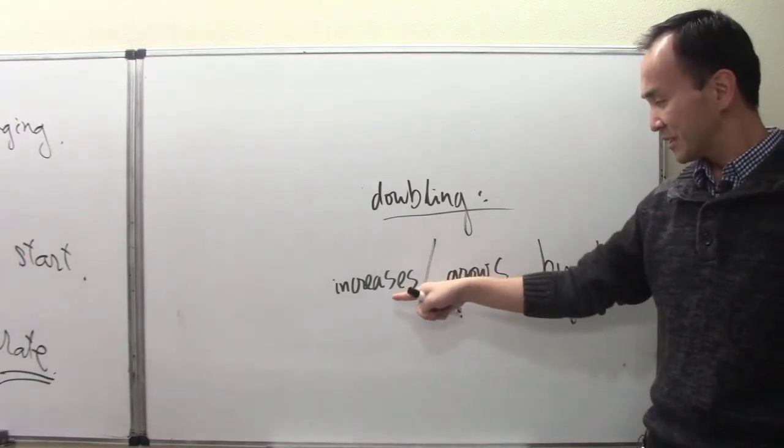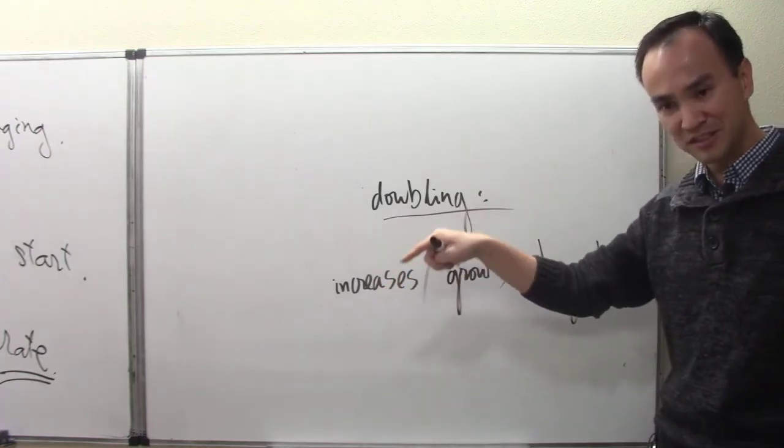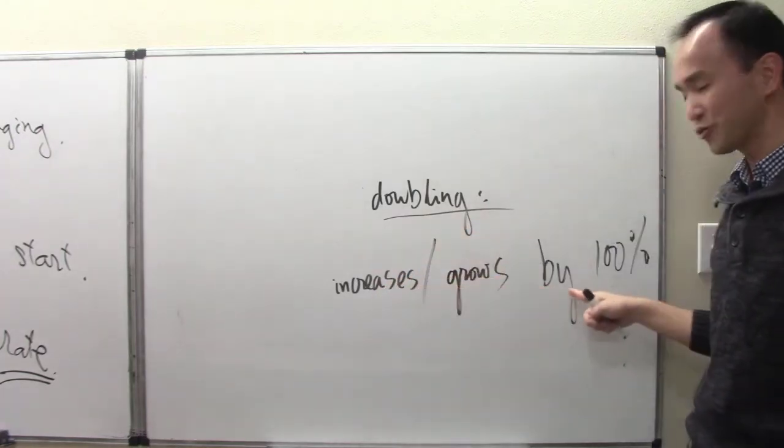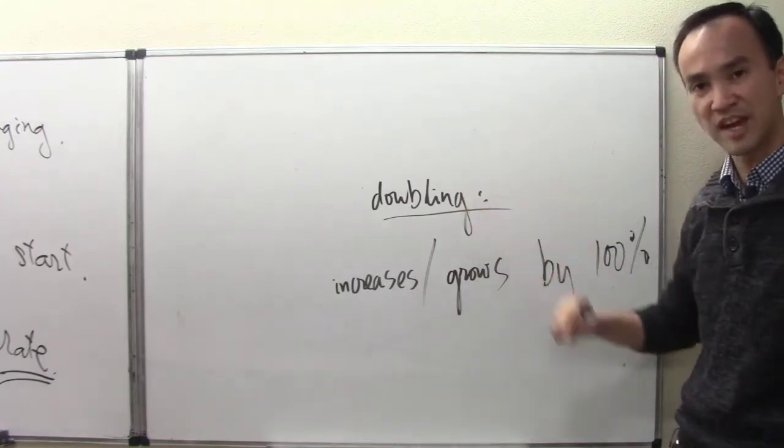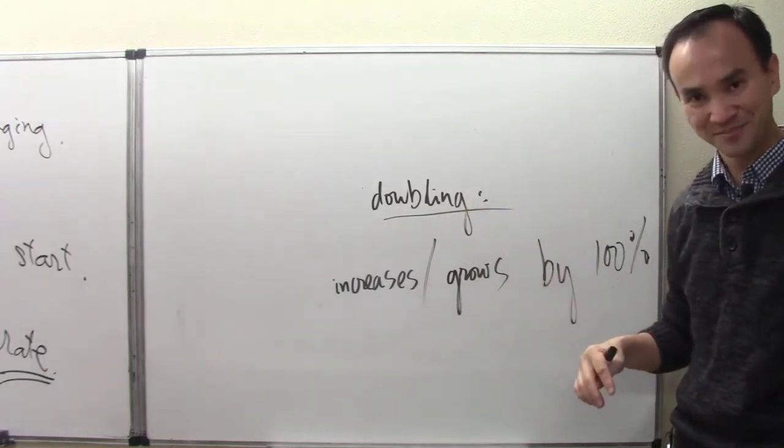So with the population in problem number 2, it increases or grows by 100%. That's another way of saying it's doubling in every hour.